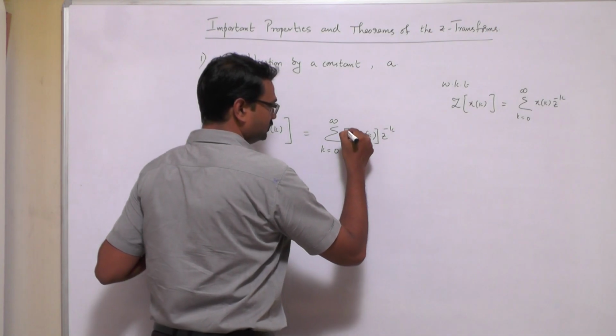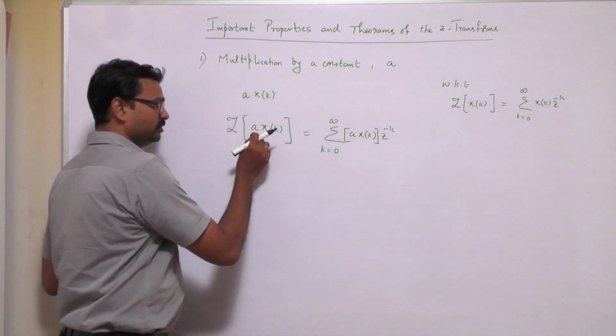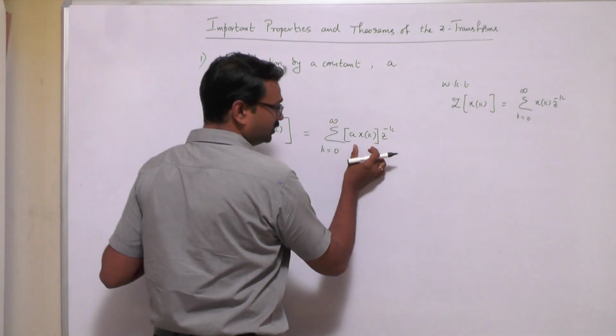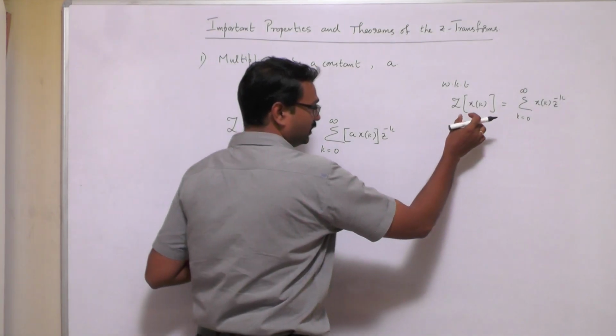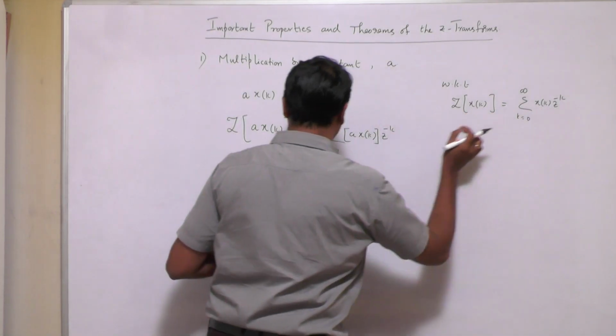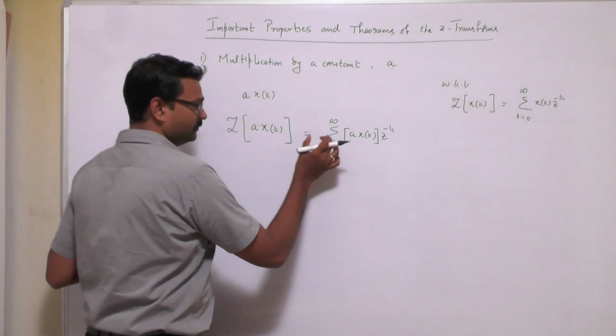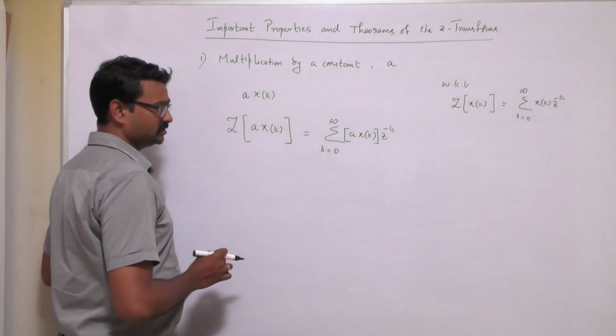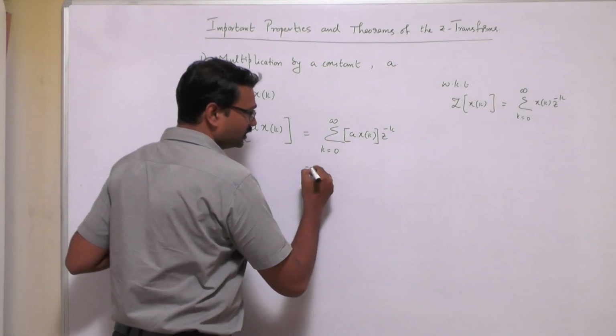Now a is multiplied with x of k, therefore that entire thing I have replaced here.